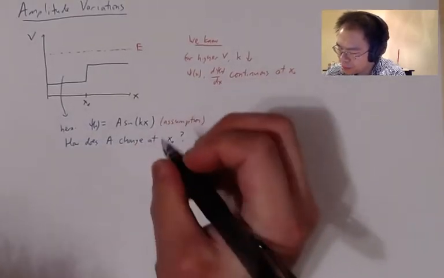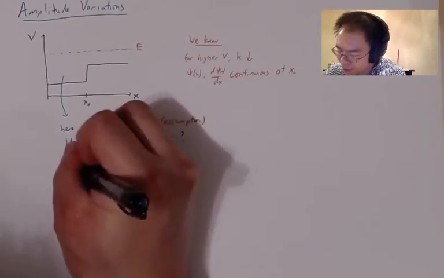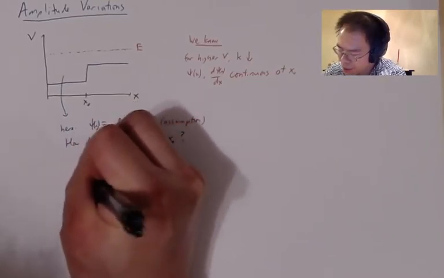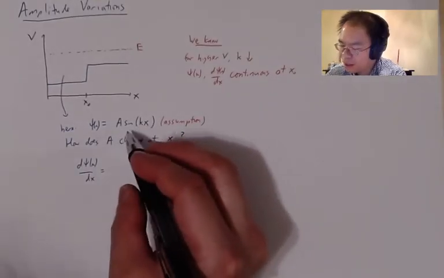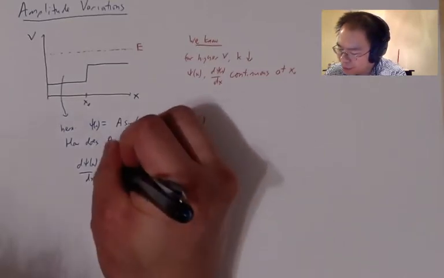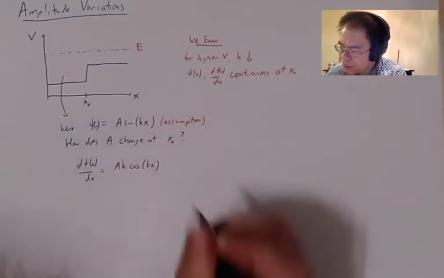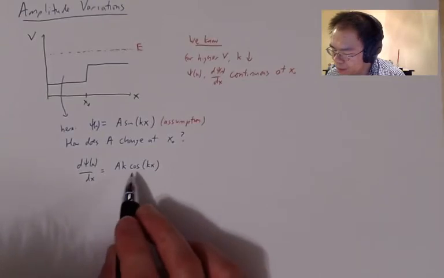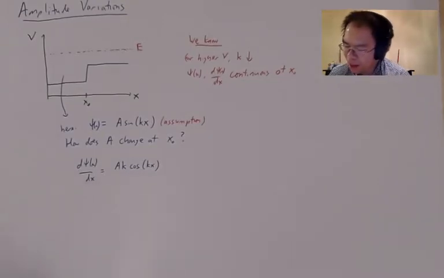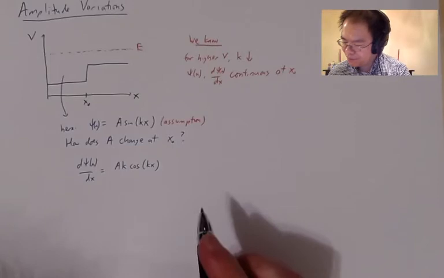Here's our question. Well, we know that the derivative d psi dx has the following form. If I differentiate this, I get a cosine and then a factor of k from the chain rule. And so the idea is that we can also use a trig identity here.